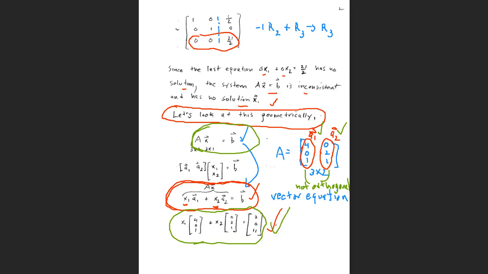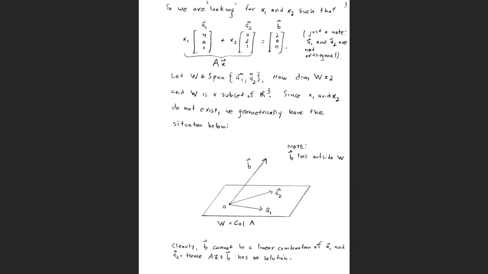What does that mean geometrically? Mikhail's saying draw the vectors. That's exactly right, Mikhail. Mikhail says draw the three vectors, A1, A2, and vector B, in three-dimensional space, and look at what happens. He's right, so that's what we're going to do.